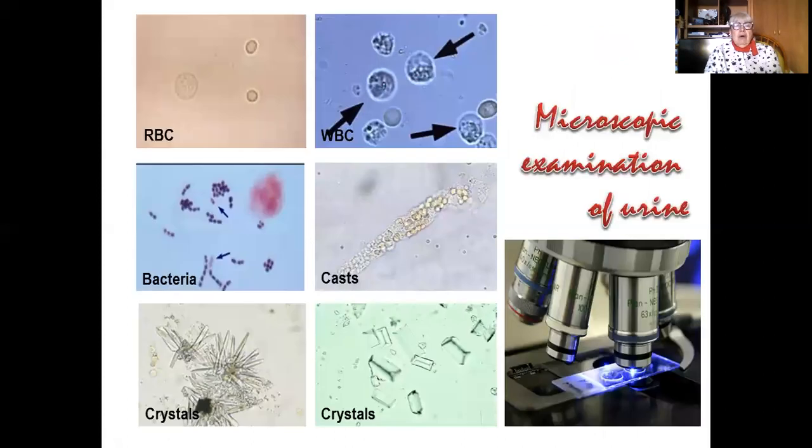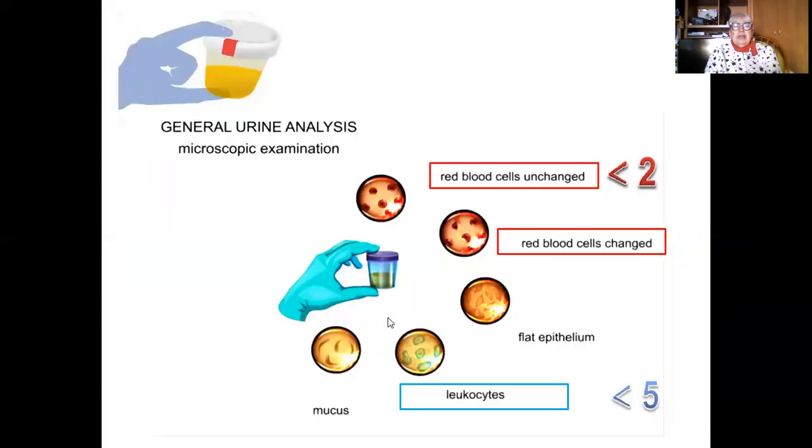So let's go on, and here you can see red blood cells in the urine, then white blood cells, and as you see here, they contain the elements of pathological agents, and here coccal infection in the urine test, and then casts and different types of crystals, and the high power field microscope will help us to identify these disorders.